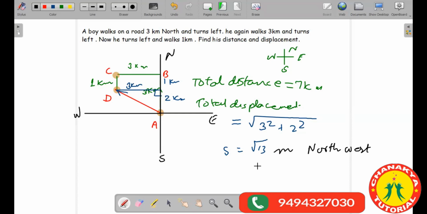Let's do one more question and we'll try to find out the distance and displacement.